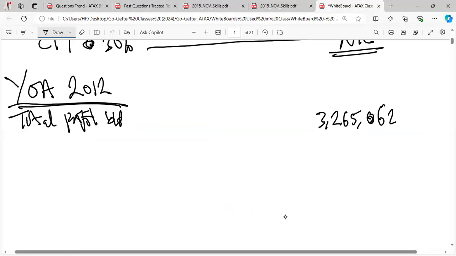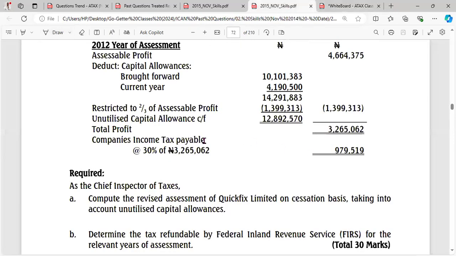So this is your total profit brought down. Instead of charging tax again, you are going to do something different. You will not say capital allowance brought backward. Of course, we had a capital allowance here before. It has been cleared.